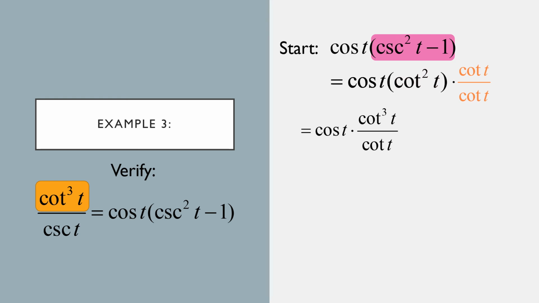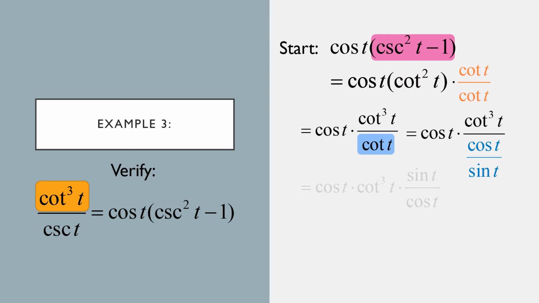Don't turn around and simplify right now because you'd be going backwards. We want the cotangent cubed of t for our final result. I don't want to change that anymore. What I do want to change is cotangent of t using a quotient identity. Multiply by the reciprocal. Simplify.